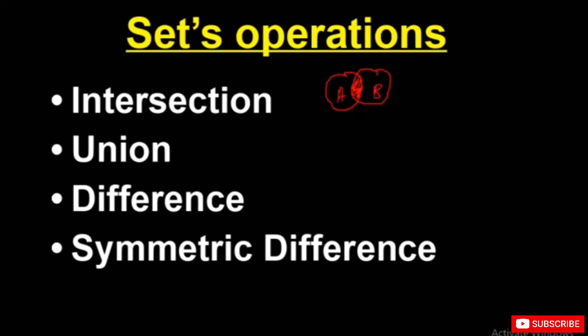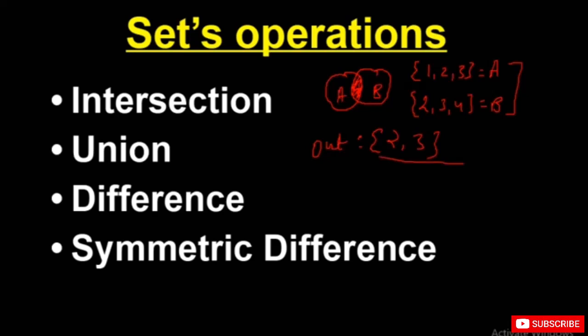Let's say 1, 2 and 3 is set A, and 2, 3 and 4 is set B. We find the intersection by writing a simple line of code, and we get an output which is 2, 3. So this is the intersection.